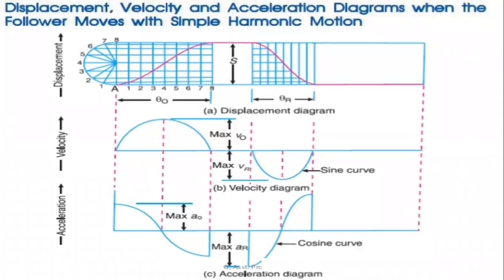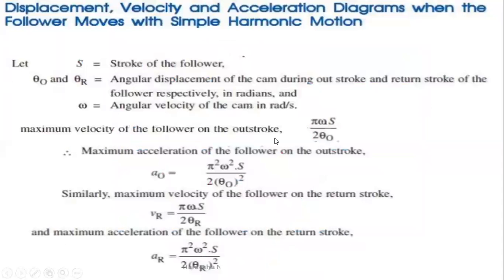Then we divide the outstroke portion and the return stroke portion into a number of parts, in which we have divided the semicircle. And then we have a curvature with the intersection points of both the horizontal and vertical lines. And then we need to draw the velocity diagram and the acceleration diagram.